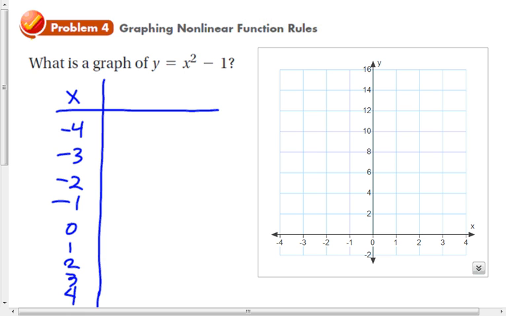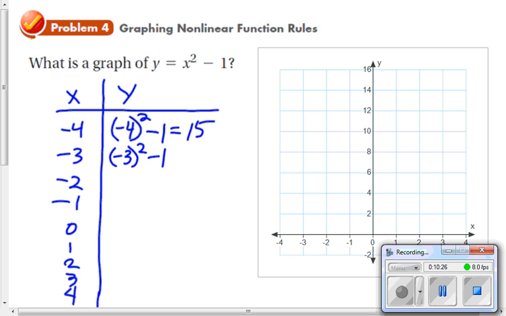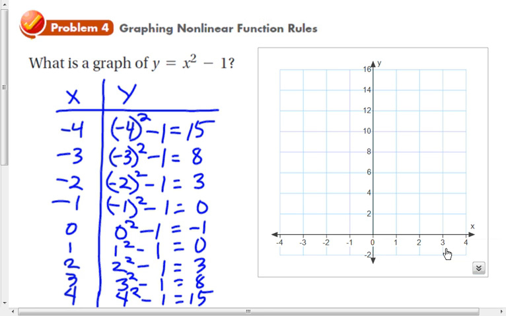Now to do this, for my y values, I have to take my x value, and make sure you use parentheses here, because you have to multiply -4 by itself and subtract 1. And that's positive 16 minus 1 is 15. So here are the values I get when I evaluate this equation for those values from -4 to 4.